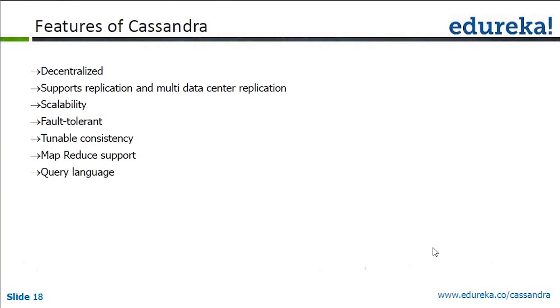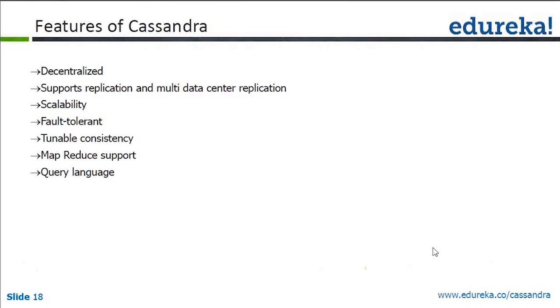Looking into each of these features, it has its own query language like SQL, the Cassandra Query Language. It also has MapReduce support. And it supports fault tolerance, consistency, and, as I've mentioned before, replication.